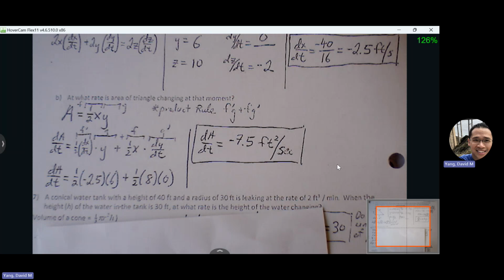All right, number 7, cone problem. See how much you can set up on your own.